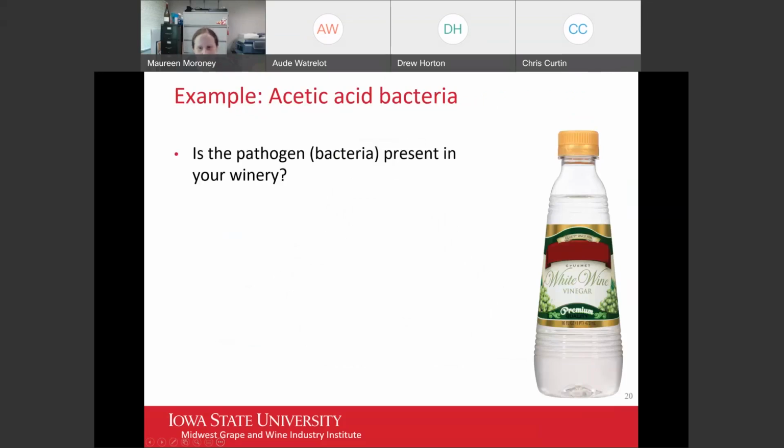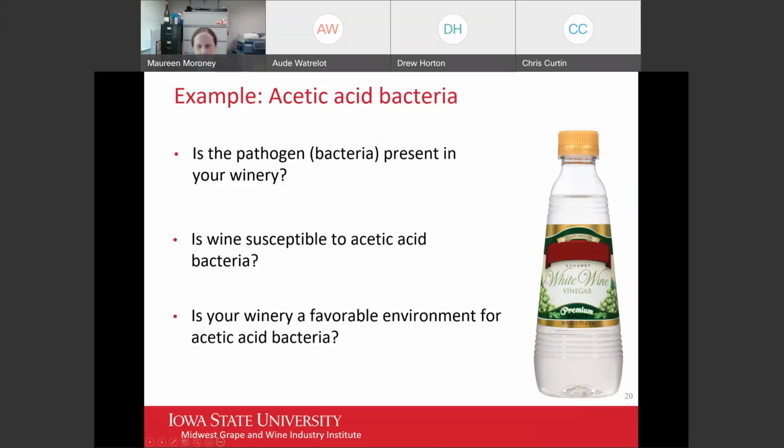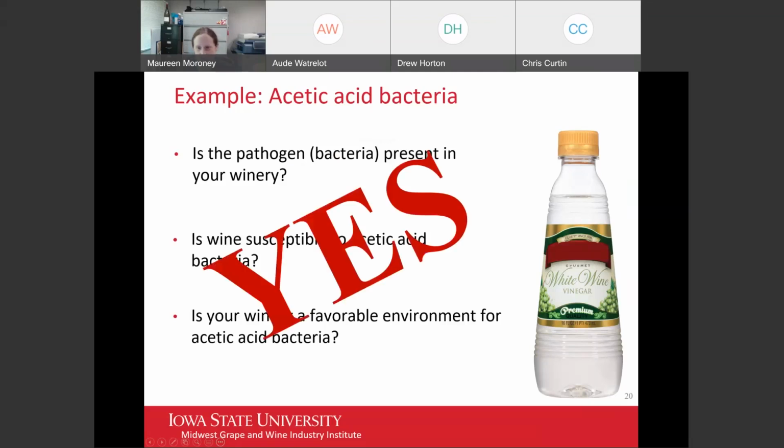Are acetic acid bacteria present in your winery? Is wine susceptible to acetic acid bacteria? Is wine a favorable environment for acetic acid bacteria? And unfortunately, the answer to all of these questions is yes. So we actually can't eliminate any of the three points of the triangle.